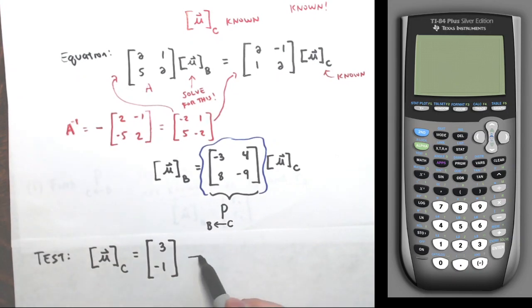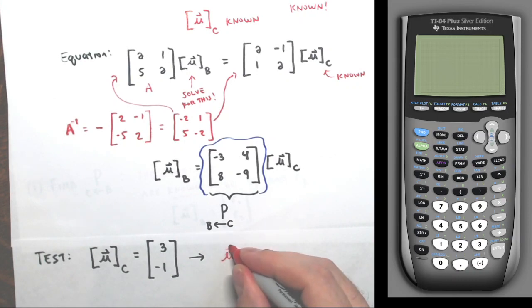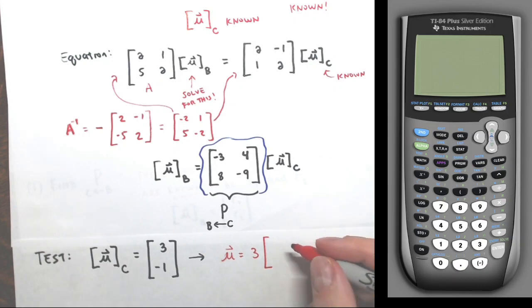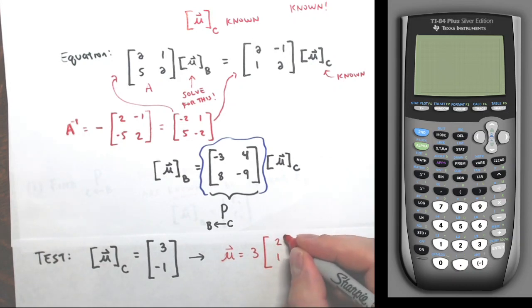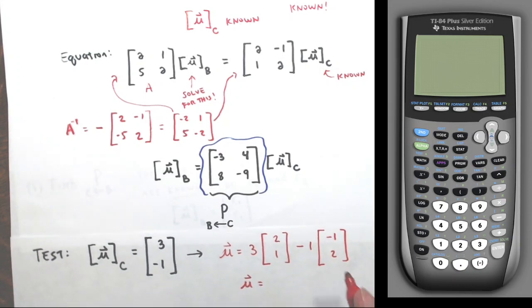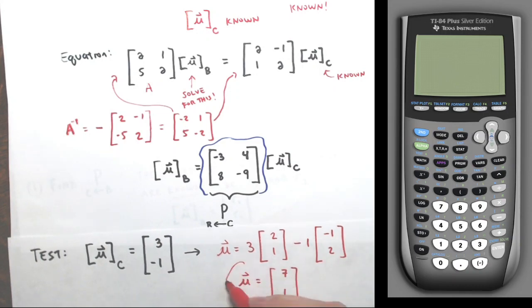So remember what this means: vector u is equal to 3 times the first vector of C, which was 2, 1, and then minus 1 times the second vector from C, which was negative 1, 2. So vector u is the vector with first component 6 plus 1, which is 7, and second component 3 minus 2, which is 1. So there's vector u.